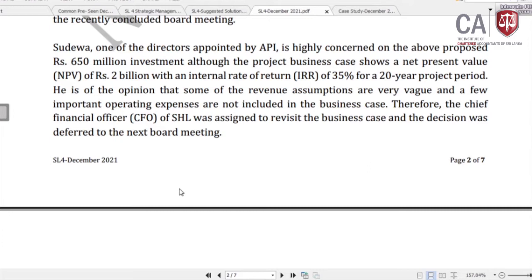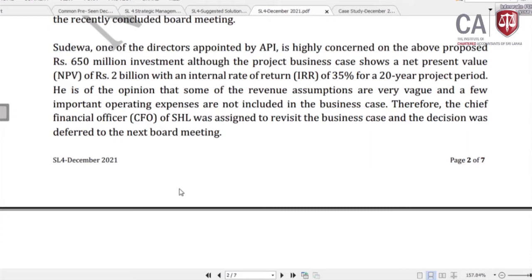This project has a 2 billion NPV and 35% IRR, but one of the directors is concerned. His opinion is that some of the revenue assumptions are very vague, not clear, and a few important operating expenses are not included in the business case.